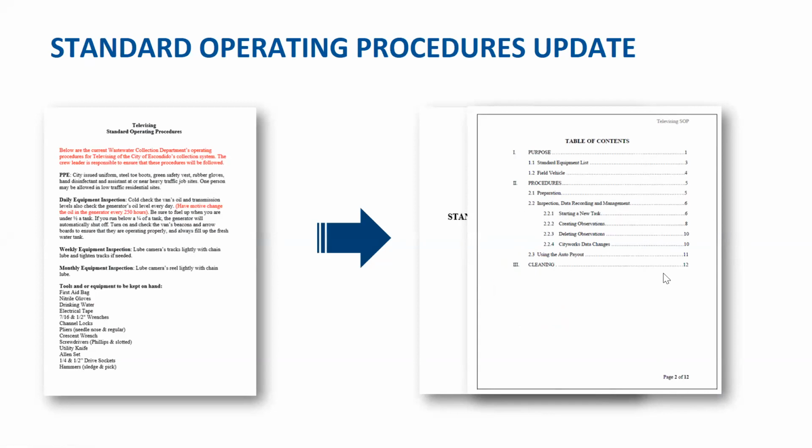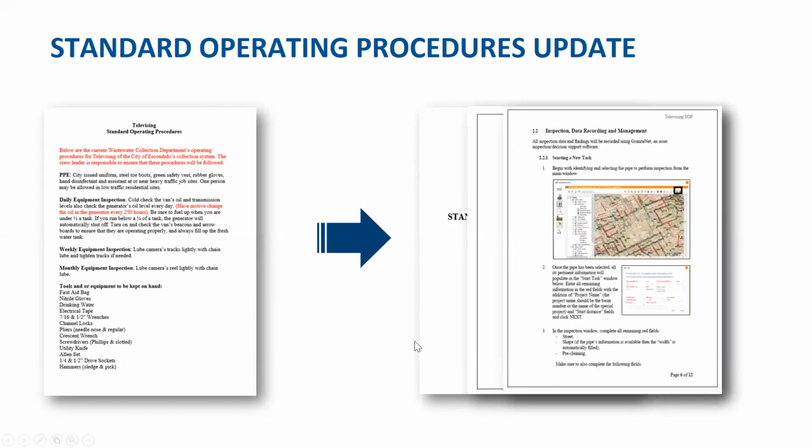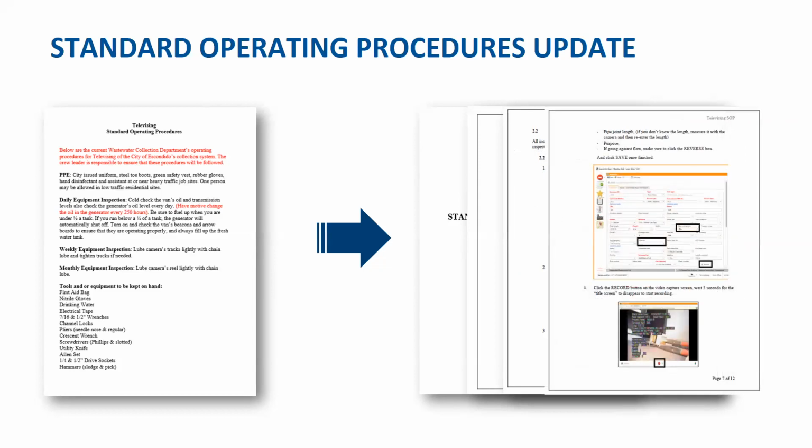When we were helping the City of Escondido televise those pipe segments, it was key to document all of those inspection steps, and most importantly, connect the dots between the user and the City of Escondido's inspection tool, which in this case is GraniteNet. So the SOP features screenshots of their GraniteNet software, which helps operators follow along, and also serves as a tool for onboarding new employees to provide CCTV inspections.